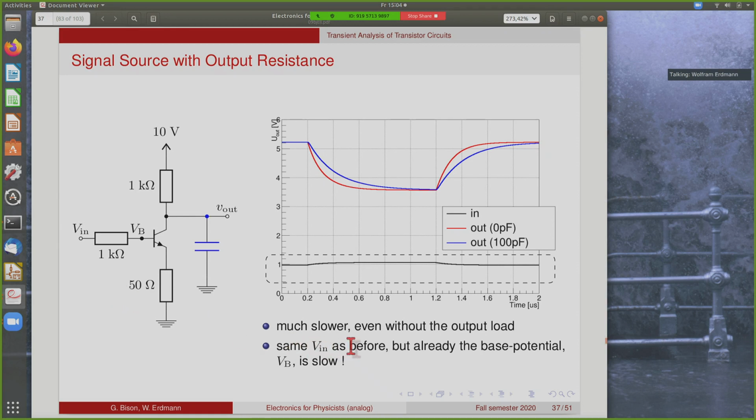And we note that although we use the same step here, already the voltage at the base looks as if it was much slower. So the output is slow even for the no capacitive load case, the red curve, but the same kind of slow time constant is already apparent at the base of the transistor.